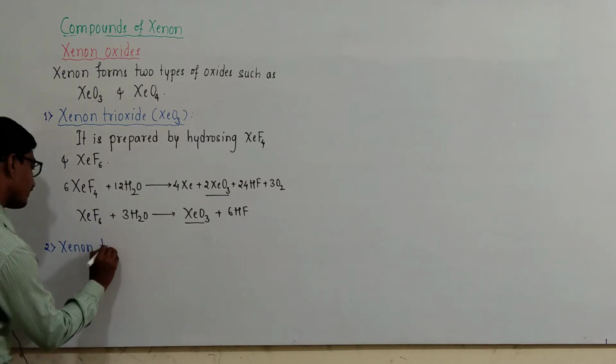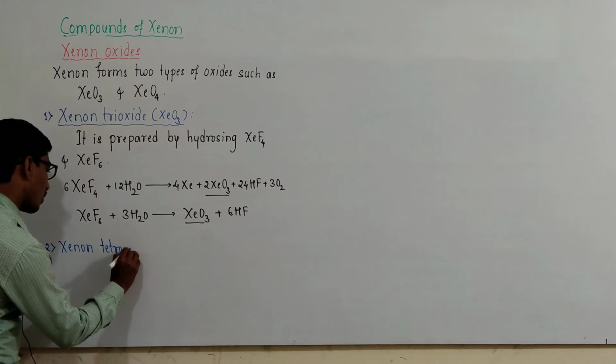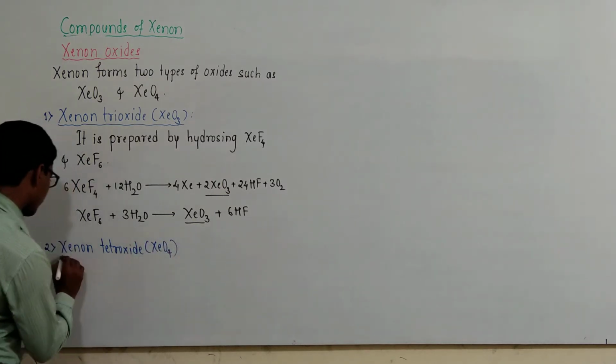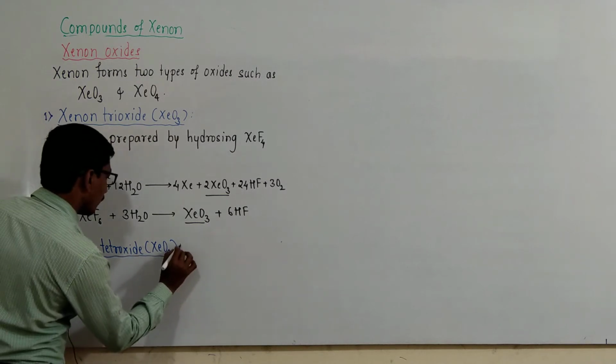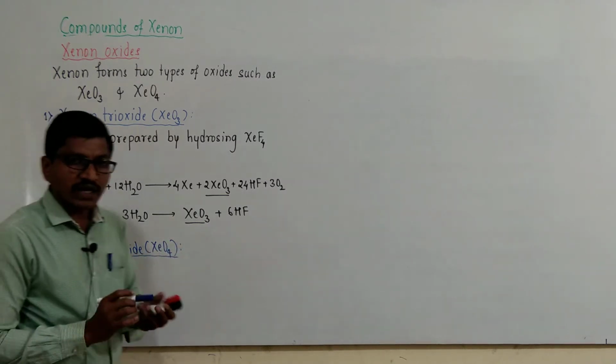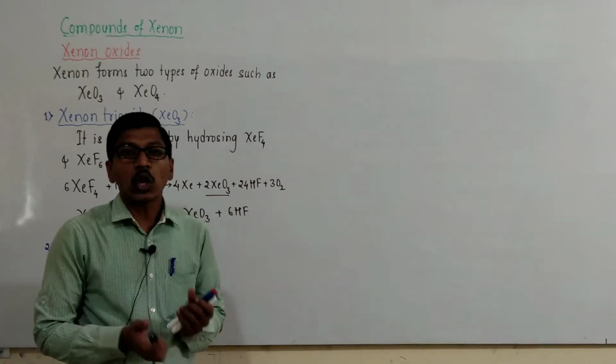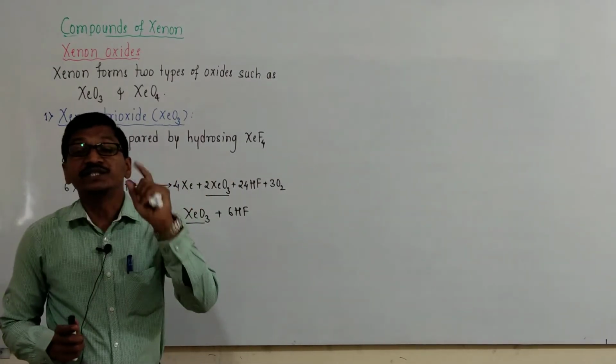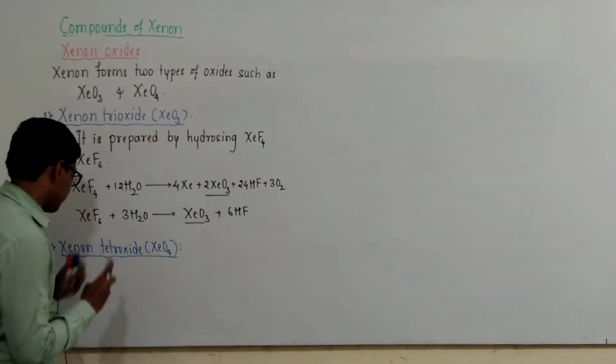Then the second one is xenon tetroxide, XeO4, and this xenon tetroxide is prepared by the action of concentrated sulfuric acid on sodium or barium xenate at room temperature.